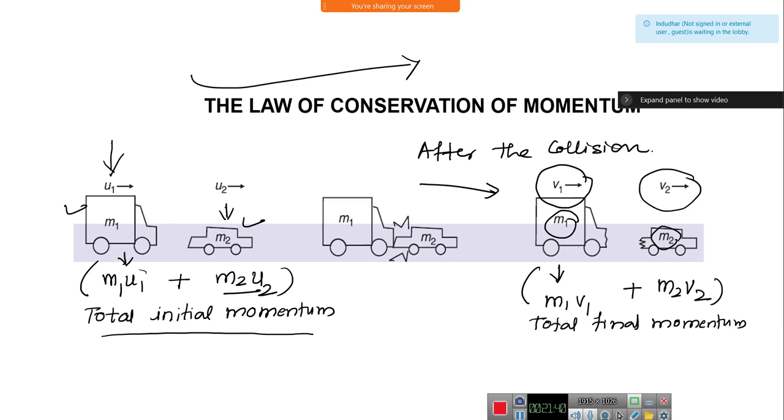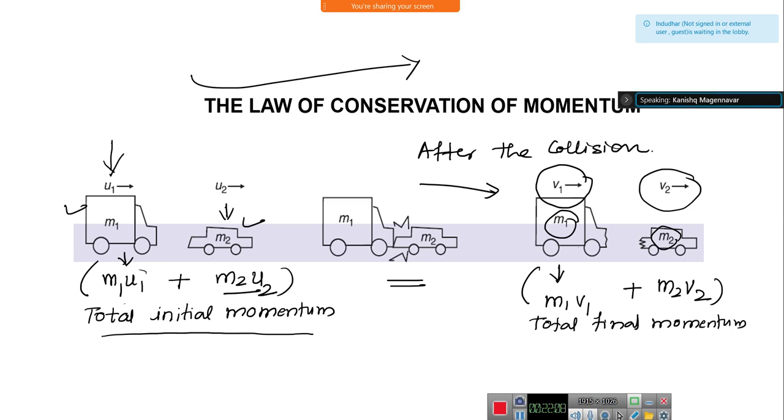See, momentum before collision. And what is momentum before collision? M1 U1 plus M2 U2. Momentum before collision will always be equal to, finish my sentence, momentum after collision.